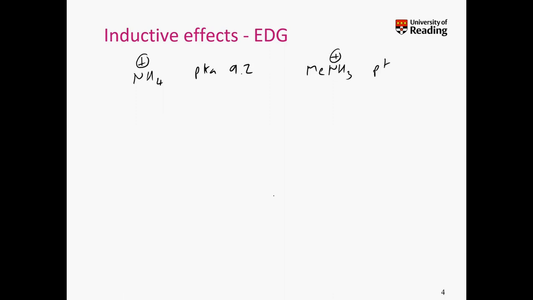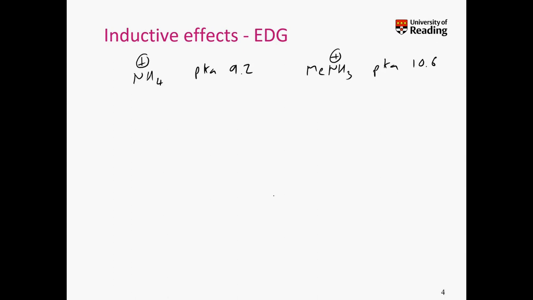With a single methyl group in our molecule, we have a pKa of 10.6. Remember, for basicity, if we're talking in pKa value, a higher pKa of the conjugate acid means it is a better base.